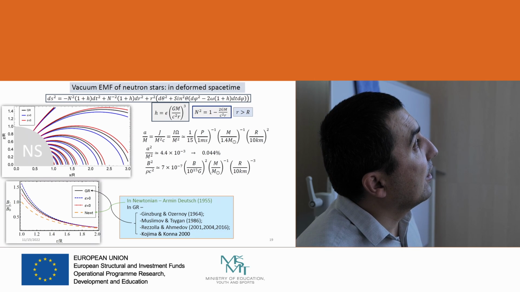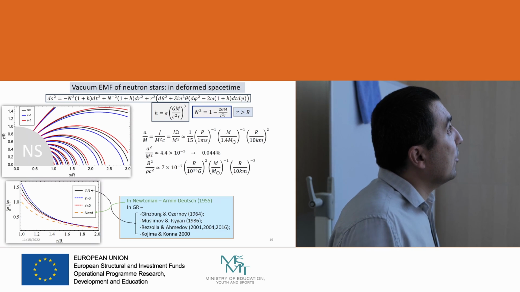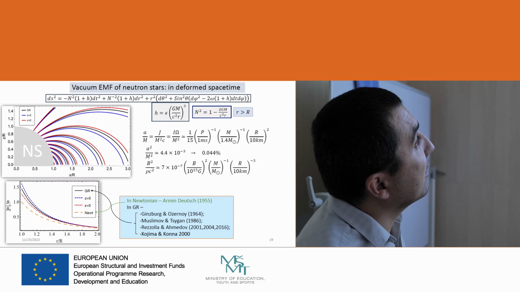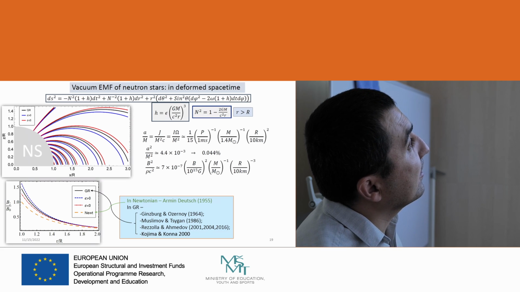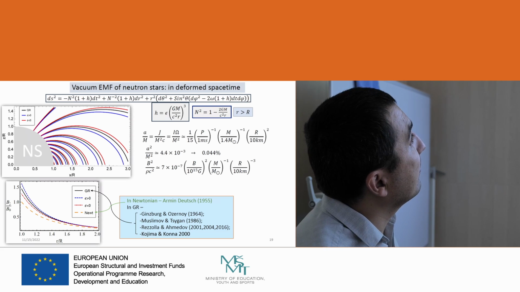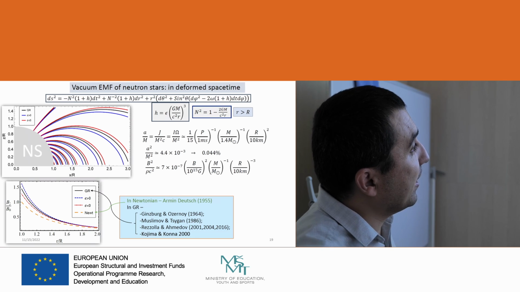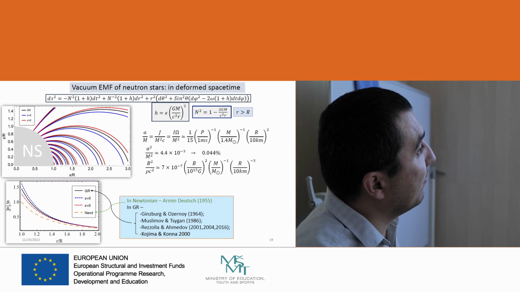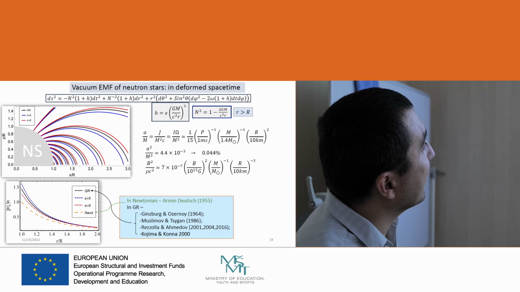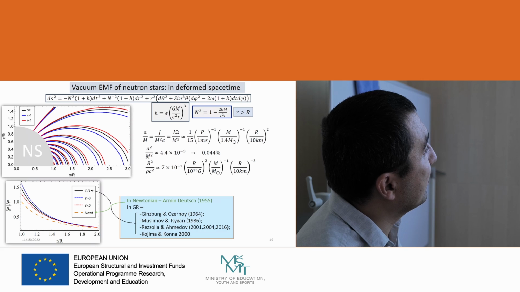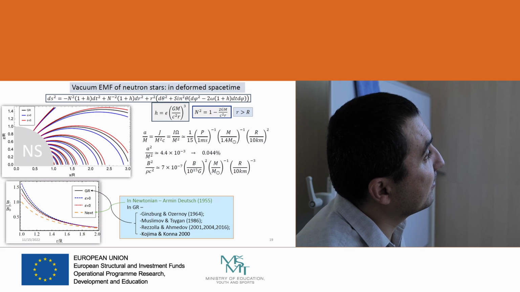In our calculation, we show the magnetic field lines, and we show that positive values of the deviation parameter compress the magnetic field lines and increase the magnetic strength of the radial component.